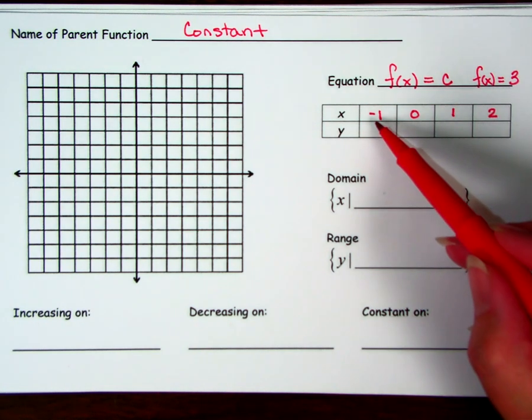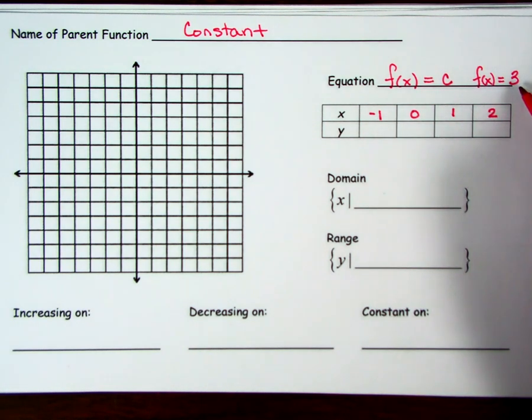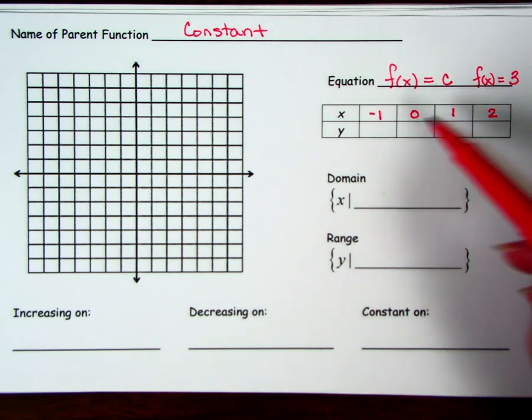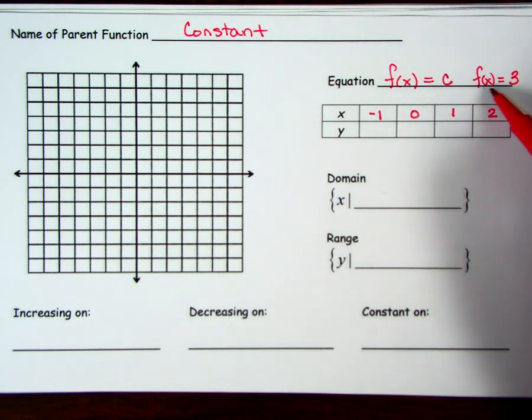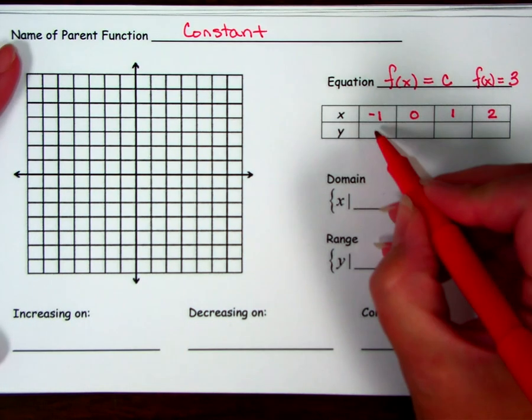So if I pick -1 for x and I put it into this equation, wherever I see an x, since there are no x's, that means that it would not change the equation at all. It would just still be a 3. So if x is -1, this still says y equals 3.